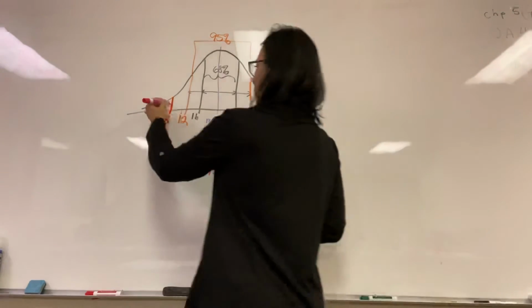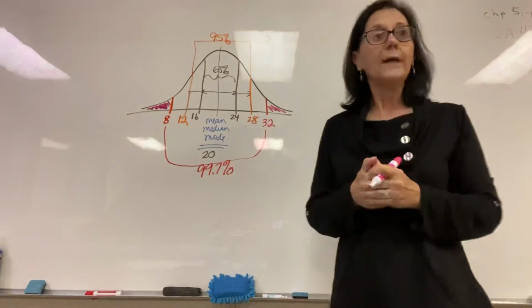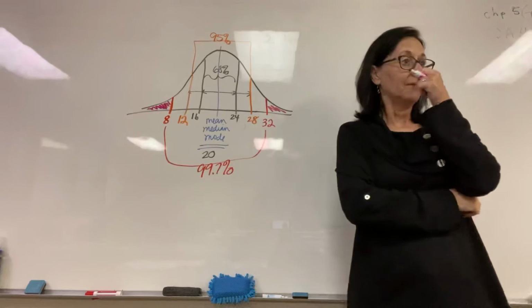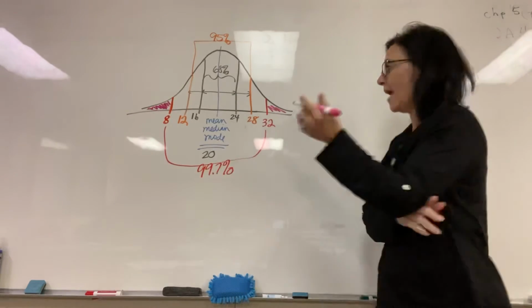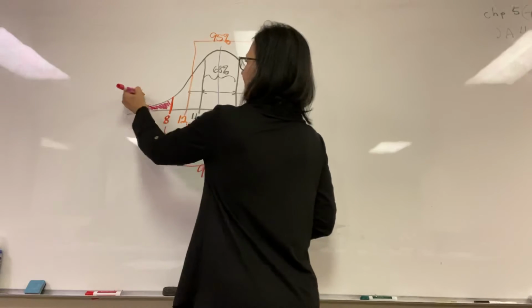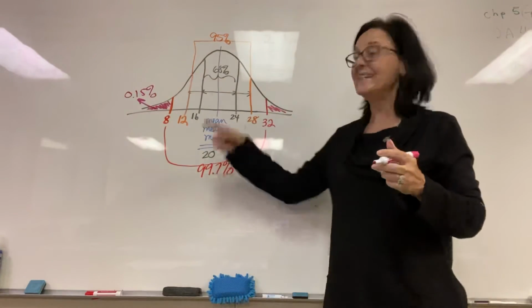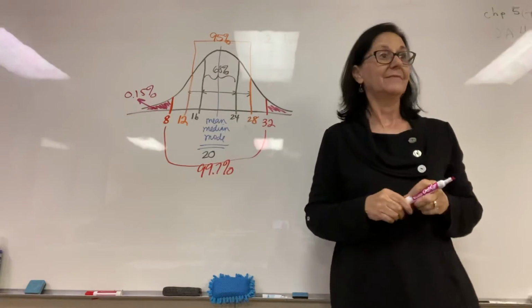Just here, below an 8. What is true? Yeah? 0.15. How did she get 0.15? She took 0.3 divided by 2. That's correct.